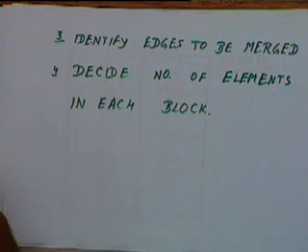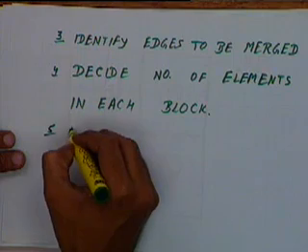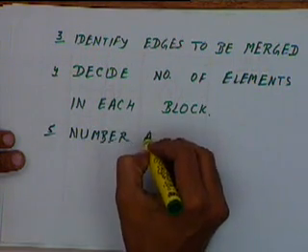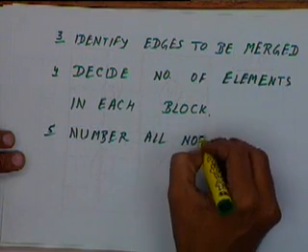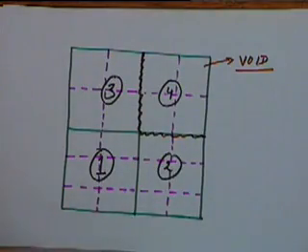The next step is to number all nodes, let us say from 1 to n. So in this case the numbering can be done.